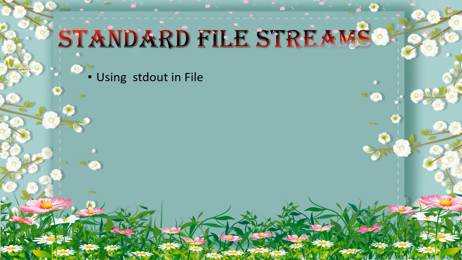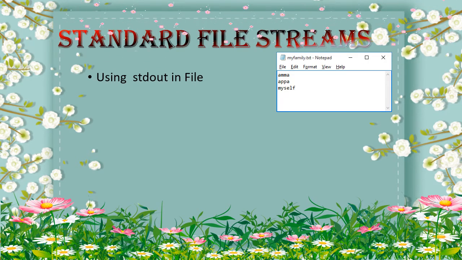And next we are going to see how to use stdout with a file in Python. So this is the file myfamily.txt. We are going to read this content line by line and display it using stdout.